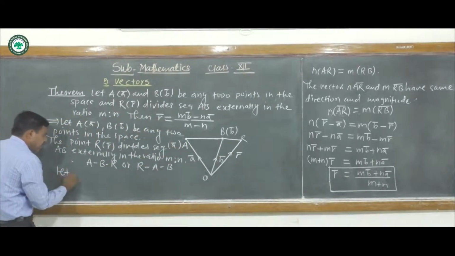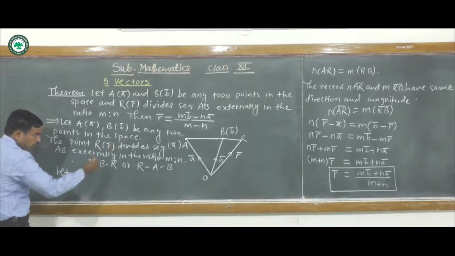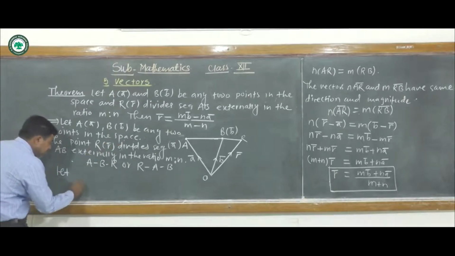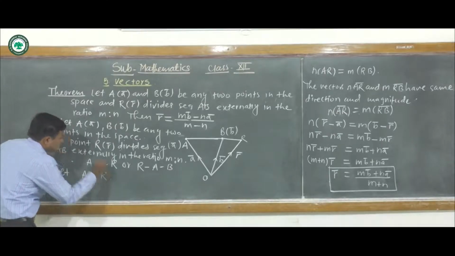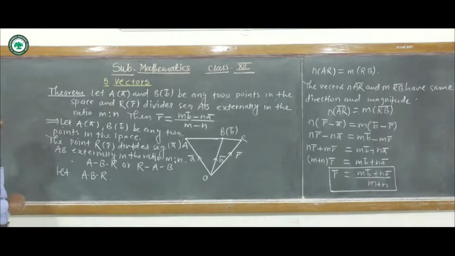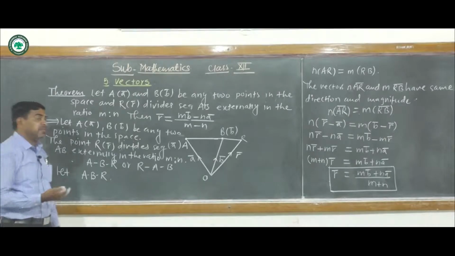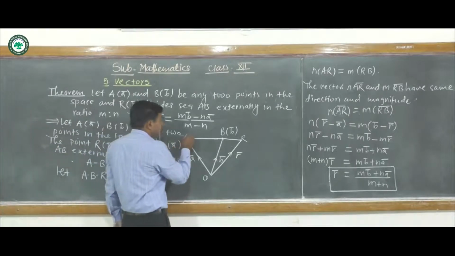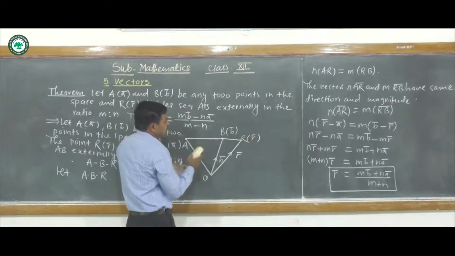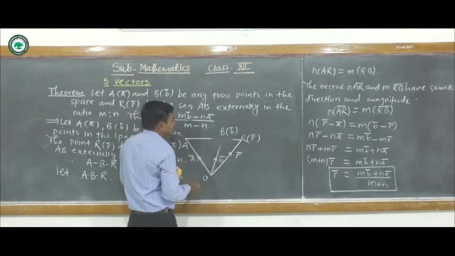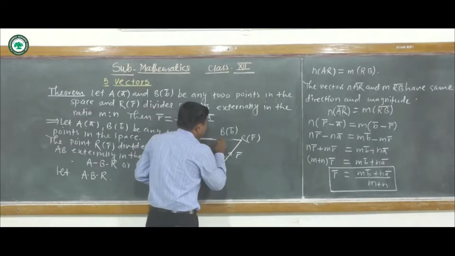Let the position from the figure, the position of the point R is A, B and R. Now the point R divides the segment AB externally in the ratio m as to n.